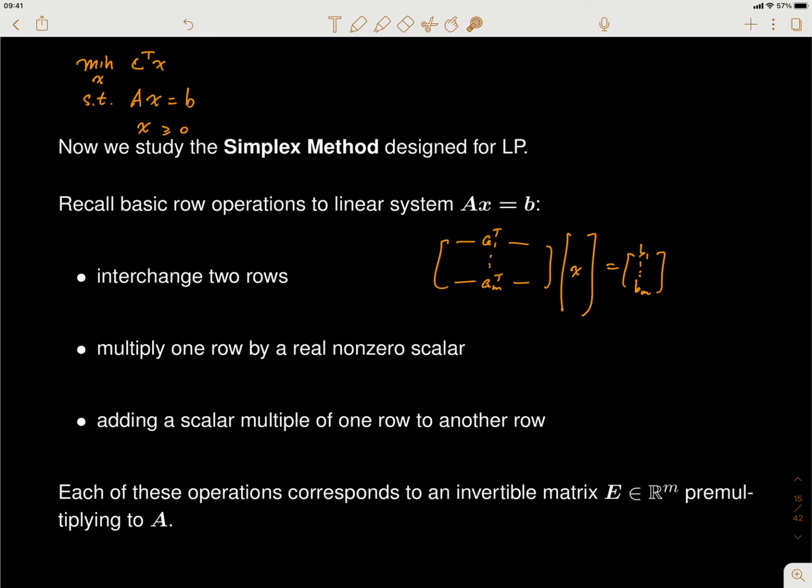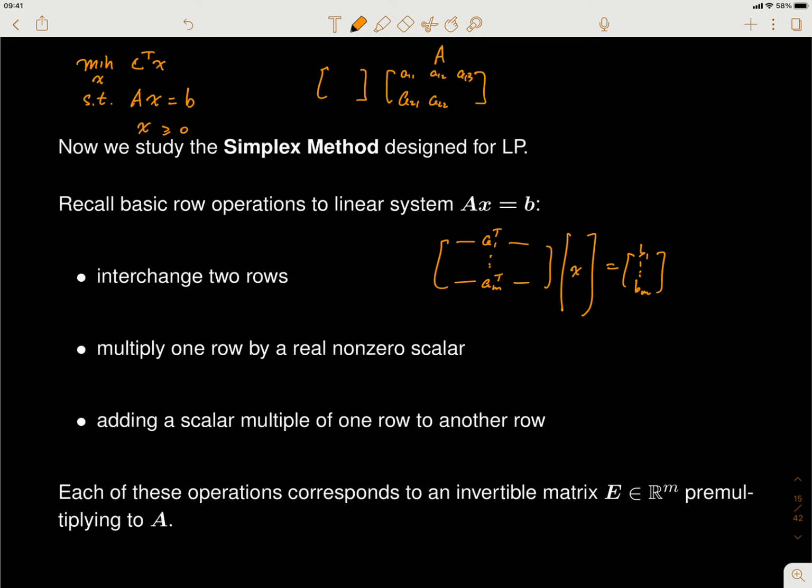Each one of these three operations can also be written mathematically as a row operation matrix, and this matrix is invertible. For example, if I want to switch the rows of a matrix A with two rows but multiple columns, say A11, A12, A13, and A21, A22, A23, just for example, it could be more than 3 columns.